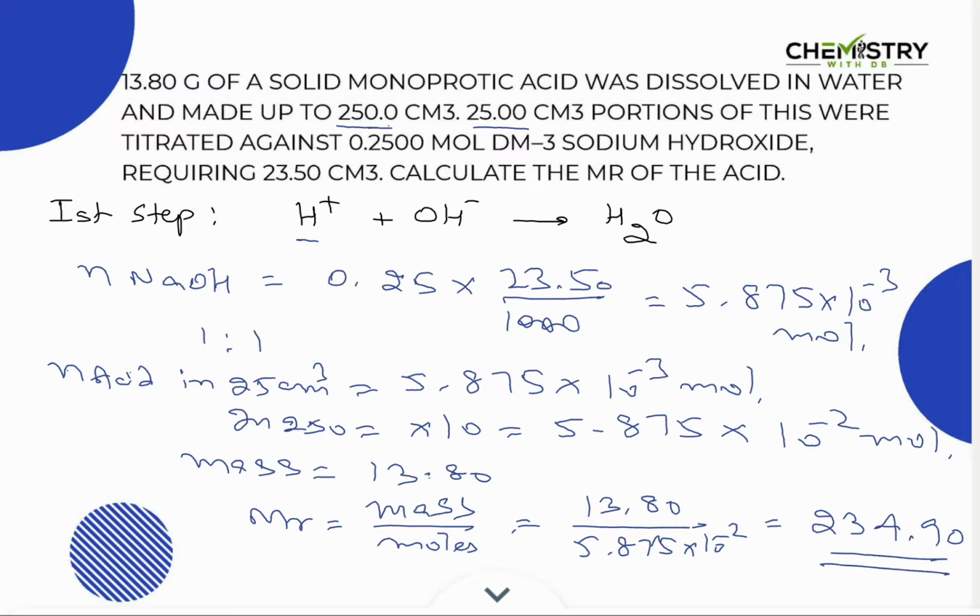So that's our answer. As three significant figures, we can give the answer as 235. So 235 is the answer for this question, and this is how we will be taking care of everything that was required of us to be able to do this question.